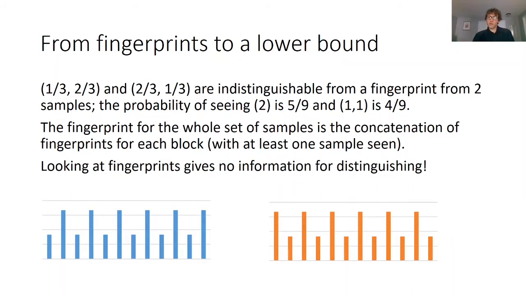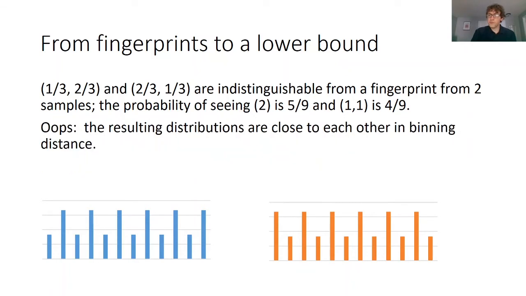So you get no information for distinguishing, under this thing that we are conditioning on, that you see at most two samples in each block. If you see more than two samples in a block, then all bets are off, and this, of course, does not necessarily work.